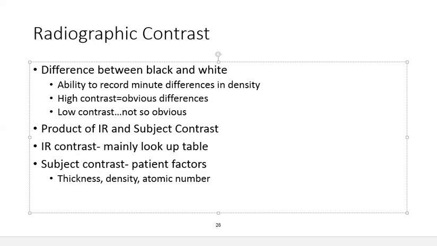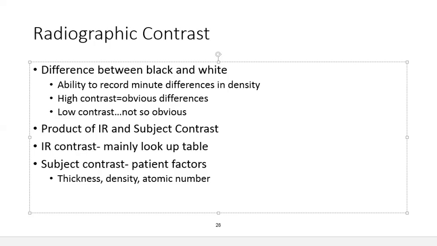It's very obvious. Where you have low contrast, it's not so obvious. Things like the psoas muscles versus a kidney versus the lower border of the liver. All those tissue types are similar, and since they're similar, the appearance on the radiographic image is also similar.